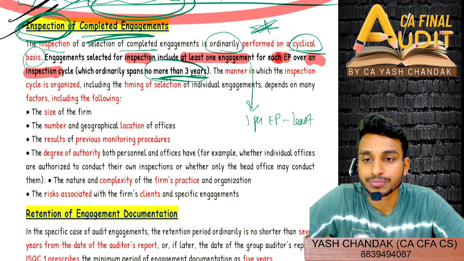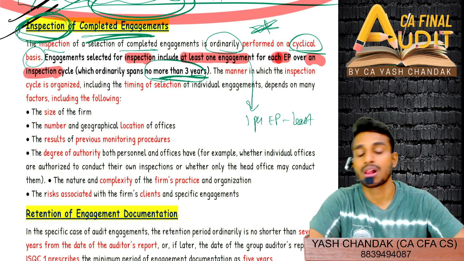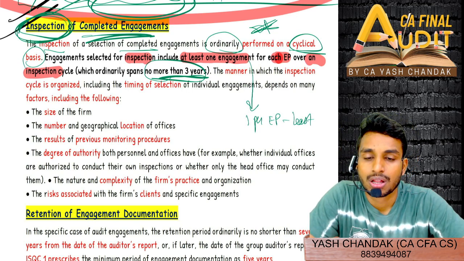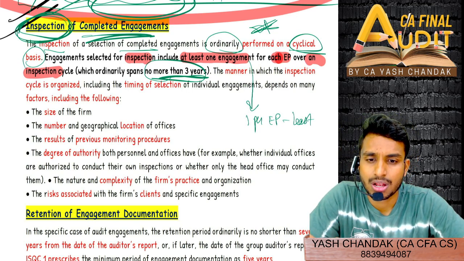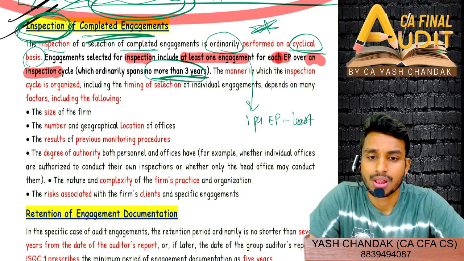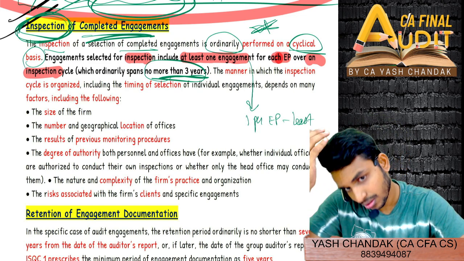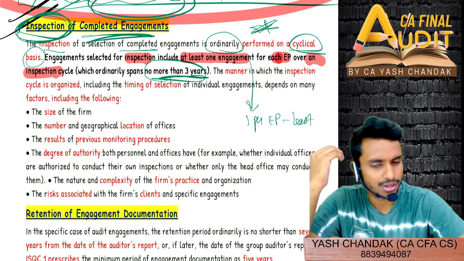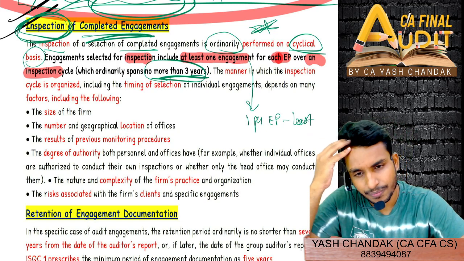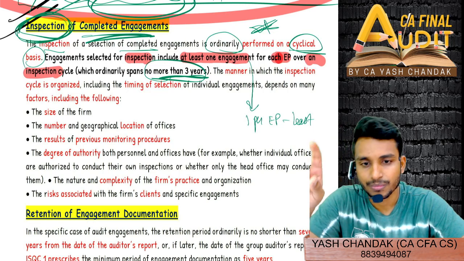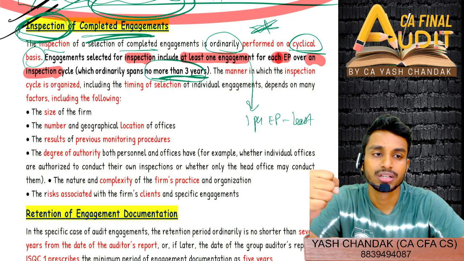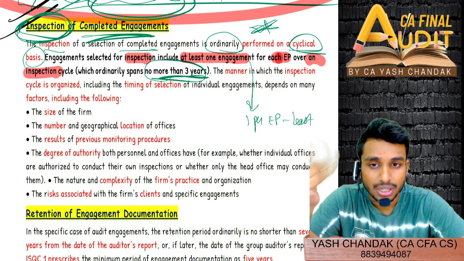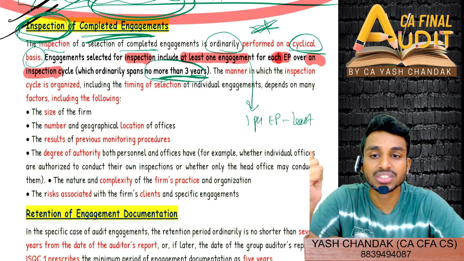Based on the SQC prevailing, the scope, the nature of audit procedures adopted, the number of engagement partners engaged in an assignment, and the number of locations or branches of the firm.